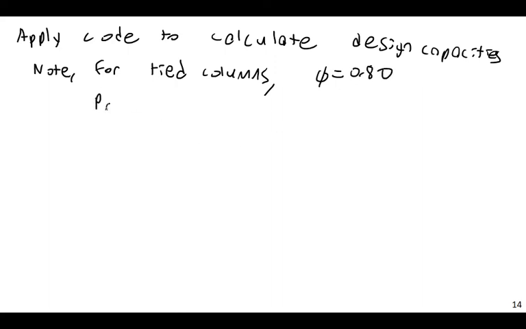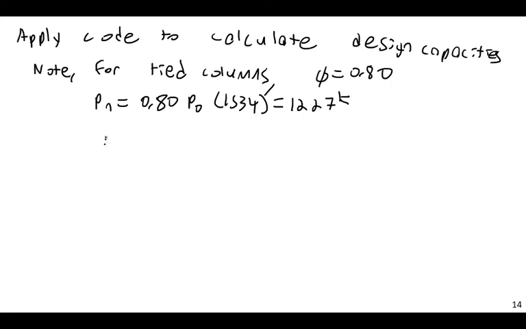So Pn in each of these cases will equal, for example in our first case, 0.8 times P0, times 1534. This equals 1227 kips.